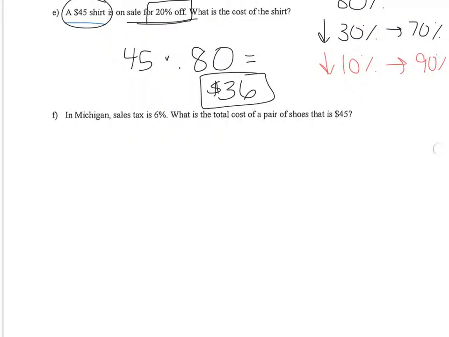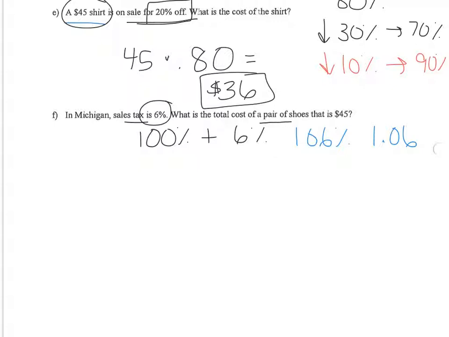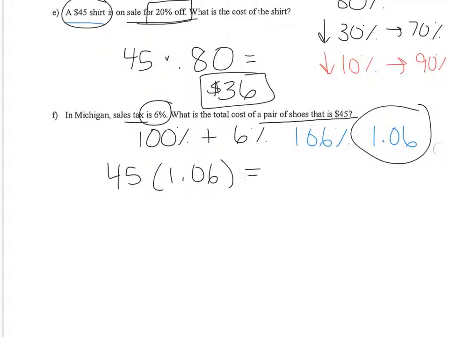Tax means that you're going to pay more. So if something starts at 100%, Michigan sales tax is 6%, and you're going up by 6, that means you're paying for 106% of it. As a decimal is 1.06. So if shoes cost $45 and the tax is 6%, you're going to multiply it by 106% or 1.06.